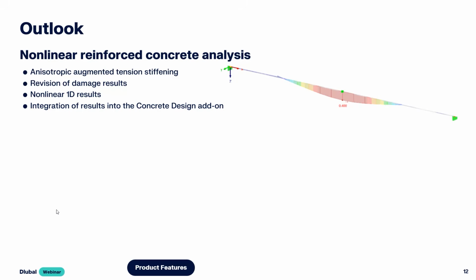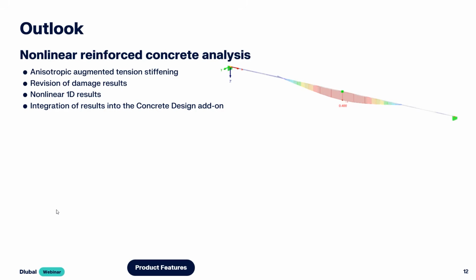Second point is a revision of our damage results. In a future release, they will be shown in tension and compression. In combination with the discrete rebar reinforcement modeling, you can afterwards apply your reinforcement only where it is needed and have a realistic behavior compared with a very economical design.